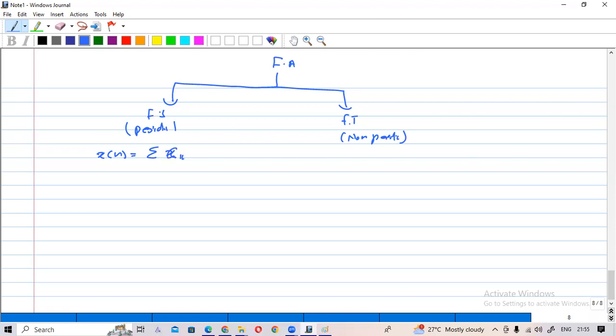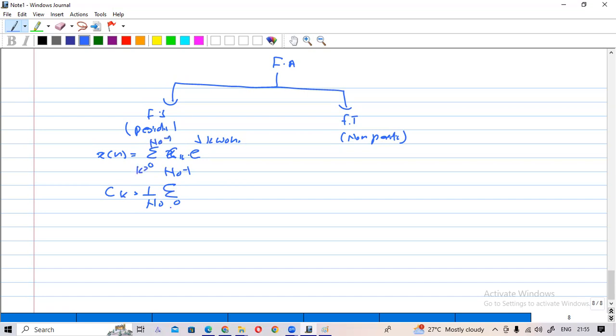Now you know the Fourier series representation, the complex exponential Fourier representation. That is Ck e to the power jk omega naught n, and this Ck you can calculate using 1 over N naught, sigma from 0 to N naught minus 1, of x[n] e to the power minus jk omega naught n, for k equal to 0 to N naught minus 1.